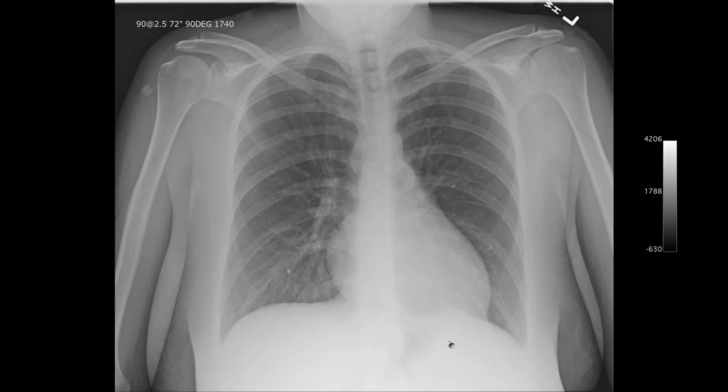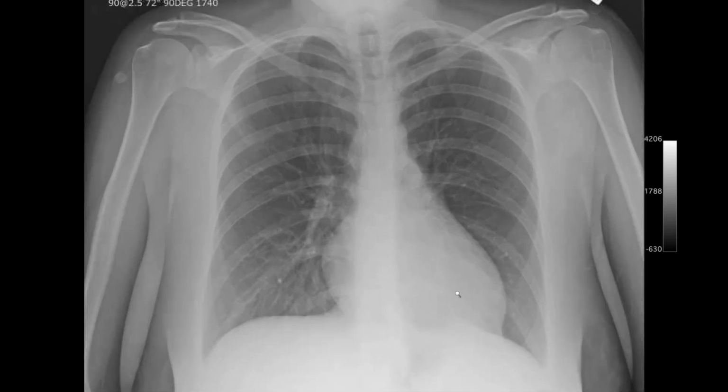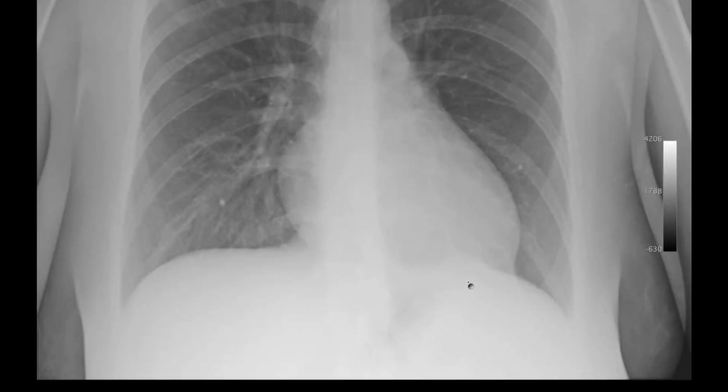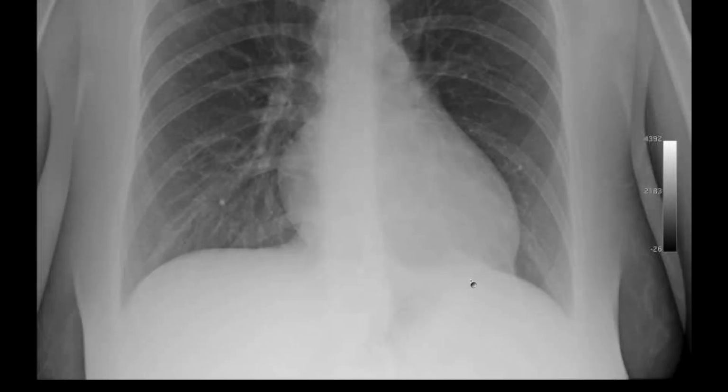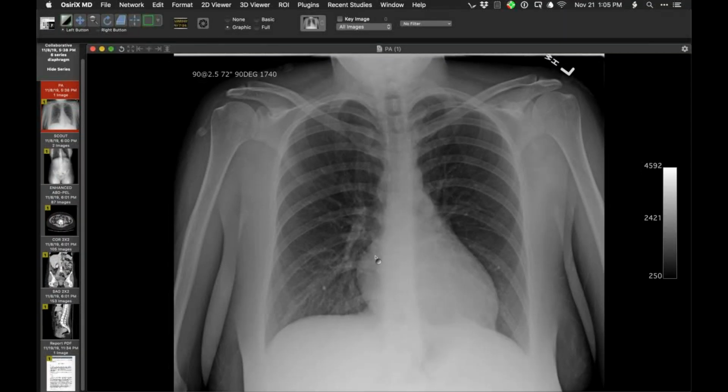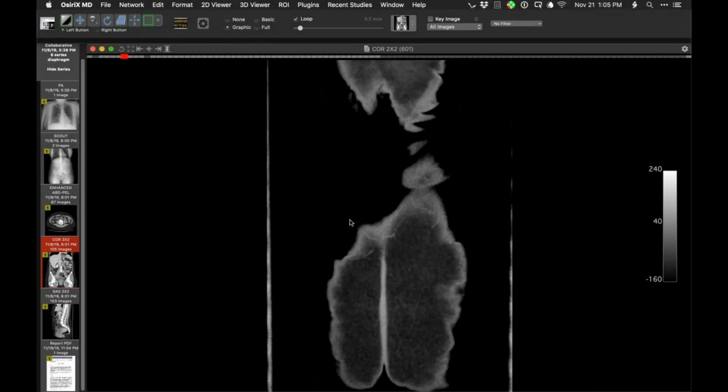You'll see in a moment when I show you this, that this down here, this interface, let me just bring that up. Really subtle. It's going to turn out to be a thing right here. So here is the CT, and I'll bring up the coronal CT, which shows this really nicely. So does the sagittal.